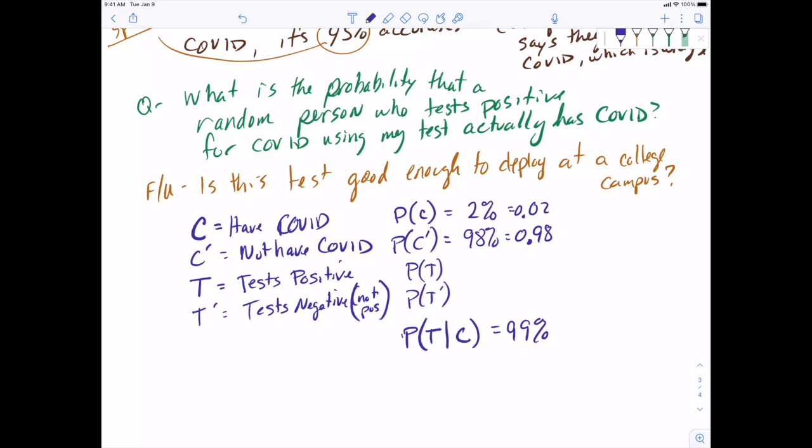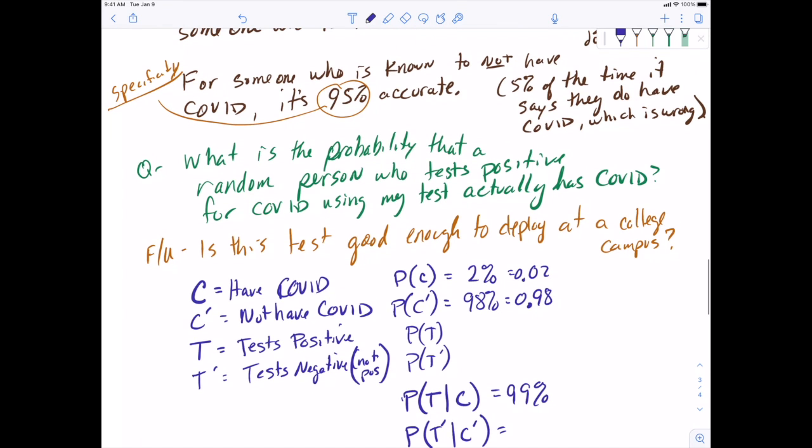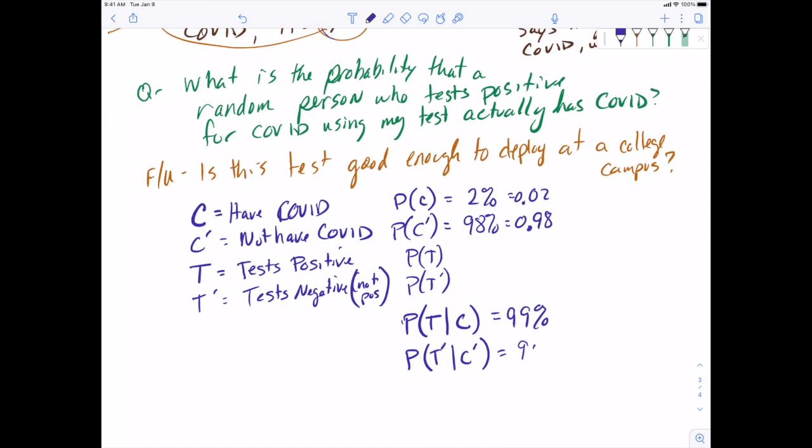Likewise, let's look at the 95% number. That's telling you that given you do not have COVID, the probability that you test negative is what? Think about it. 95%, right?